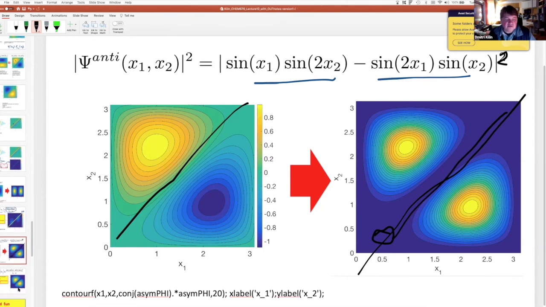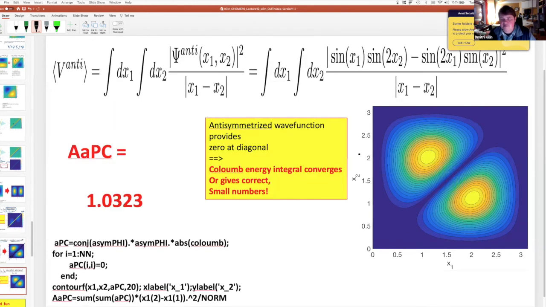And if I convolute this with the Coulomb kernel, the infinity that Coulomb has on the main diagonal is compensated by the 0 of the antisymmetric wave function on the main diagonal.